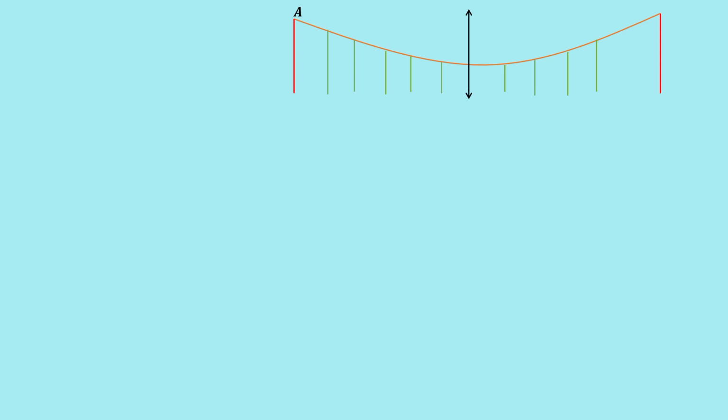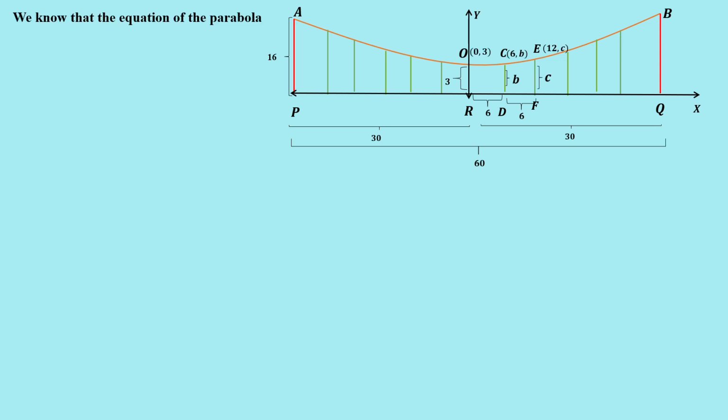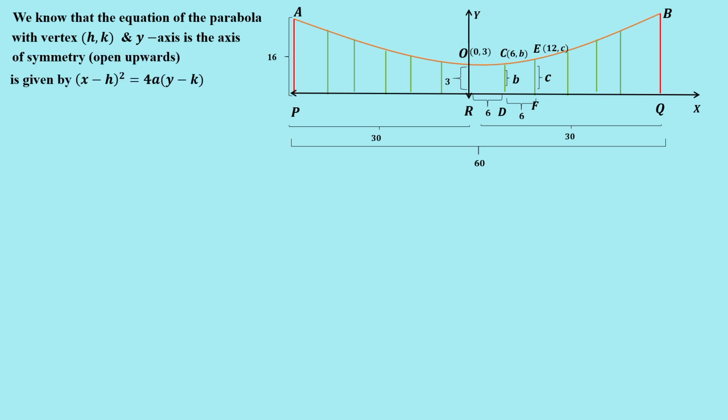Let us draw the diagram again. We know the required equation of the parabola. This opens up, with vertex h comma k, and the y-axis is the axis, opening upward. (x minus h) the whole square is equal to 4a into (y minus k), because the vertex is different for the parabola.